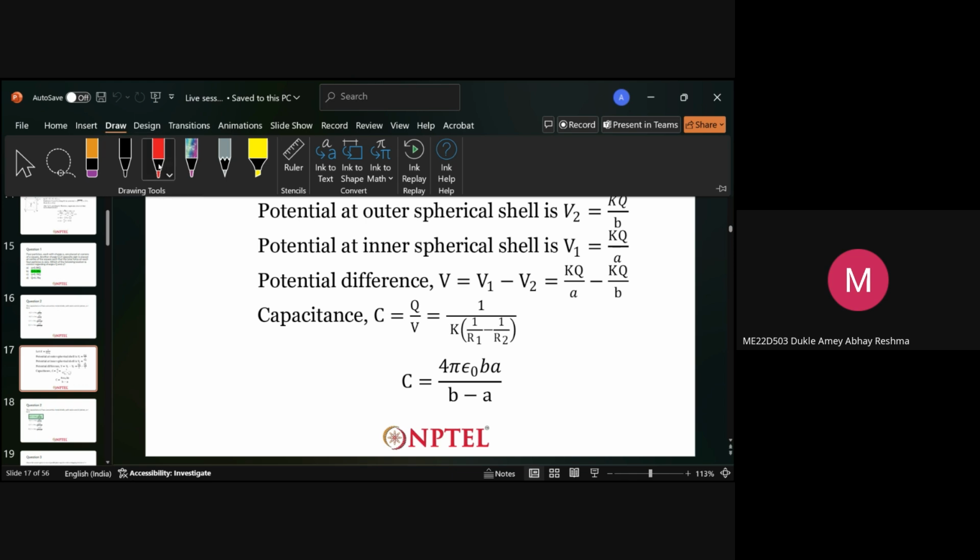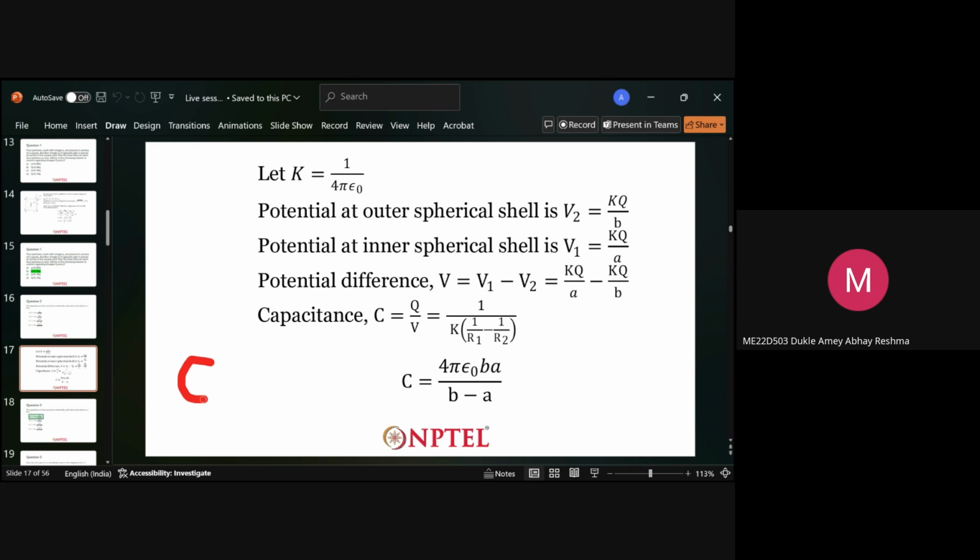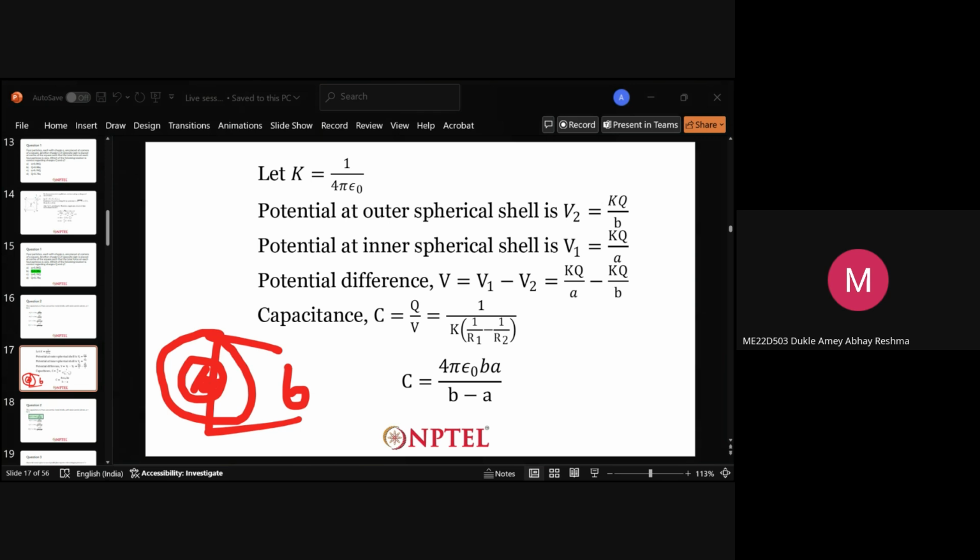I'll just draw it for you. Based on this, you may be able to see the spherical shells. We find the potential at each of the shells.